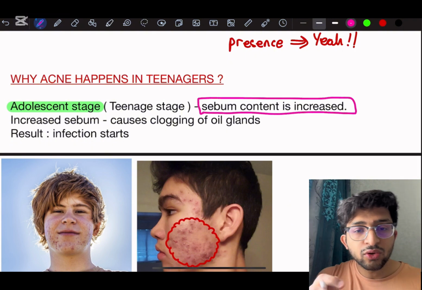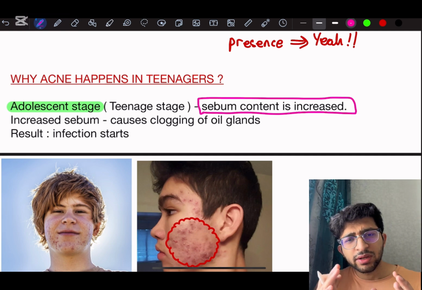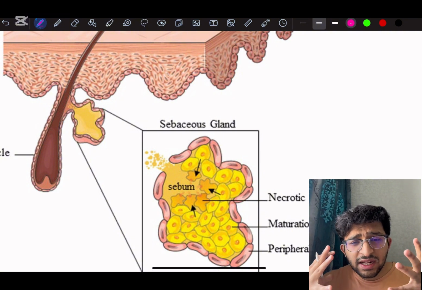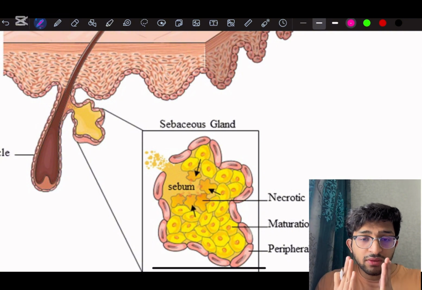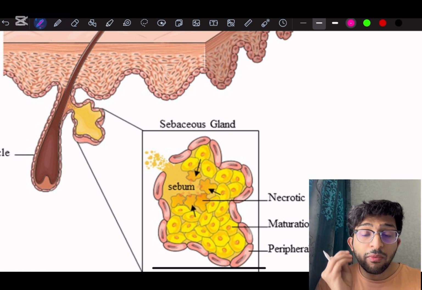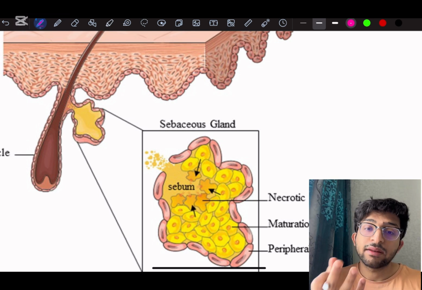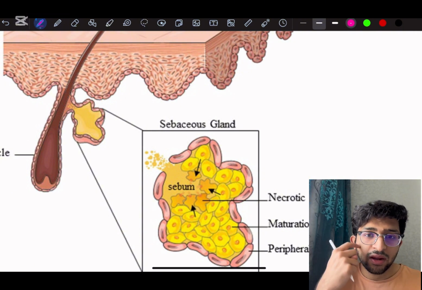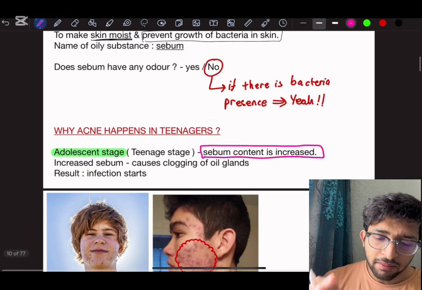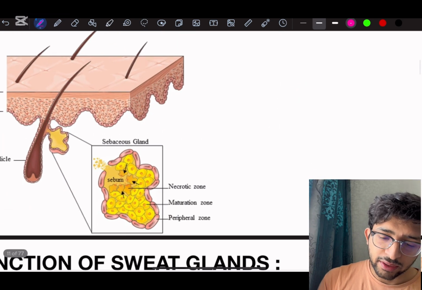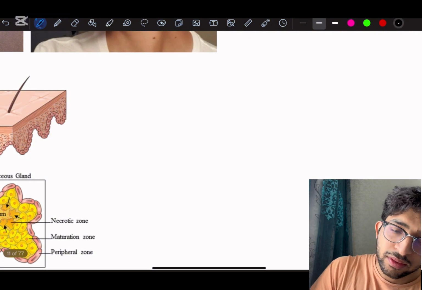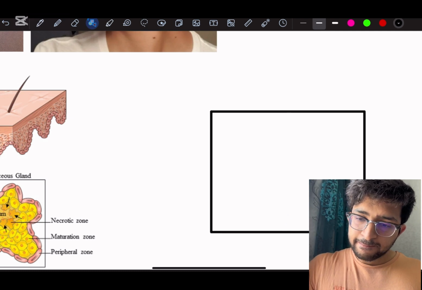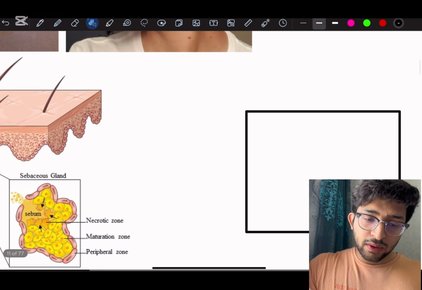The oil content in teenagers gets increased so much that the sebaceous glands present over here get too much production that they get clogged. It will start blocking of the glands, and that will result in bacteria entering inside the hair follicles. Okay, so let's understand the mechanism. Let's say we'll draw a hair like this over here.